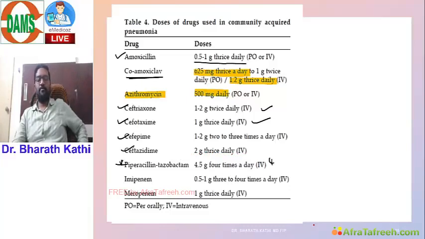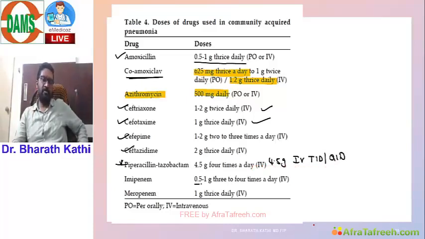We give 4.5 grams IV, TID or QID, so 3 to 4 times. So it can vary. Then imipenem cilastatin combination 500 mg to 1 gram. In few centers they give 1 gram BD also. Then meropenem generally 1 gram IV TID.